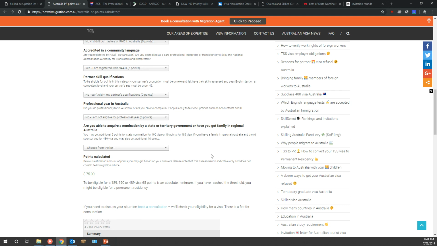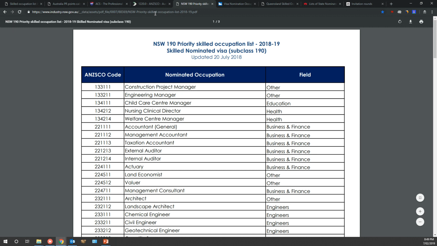State nomination. You can get an extra 5 points for 190 state nomination, or for 489 you can get an extra 10 points. And the more points, in general, the better. But with state nomination, you need to check the website of each and every state whether they are nominating the particular occupation.